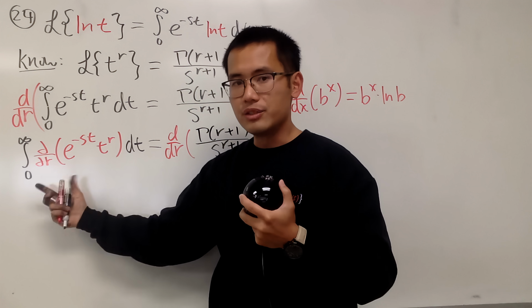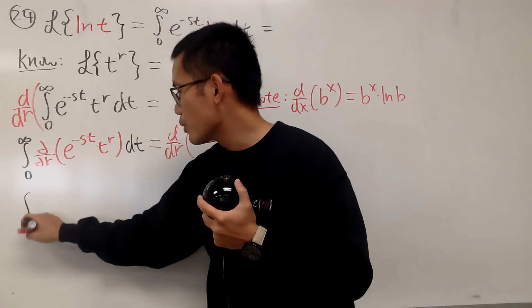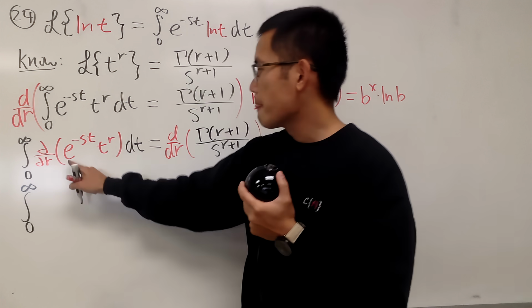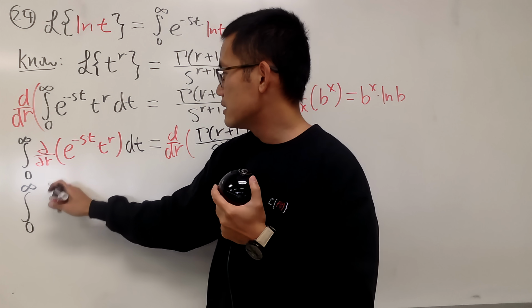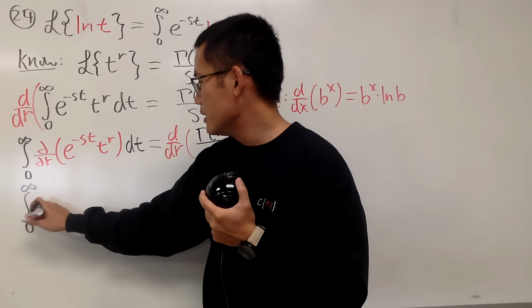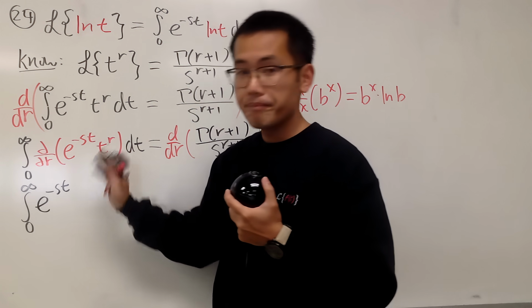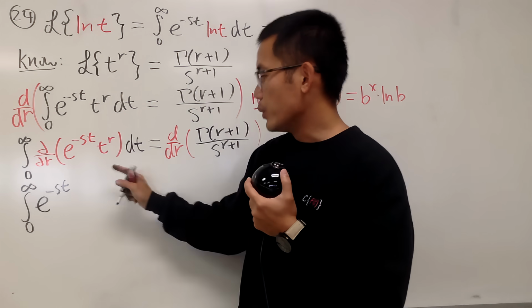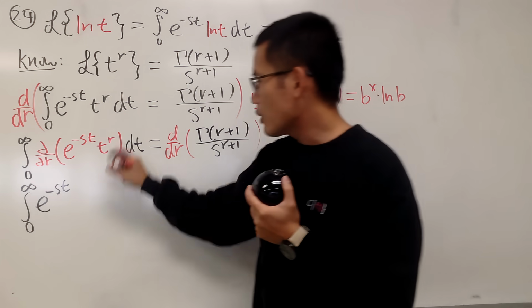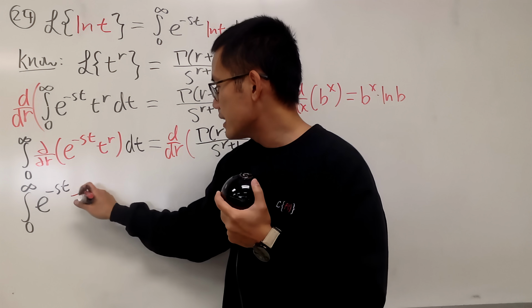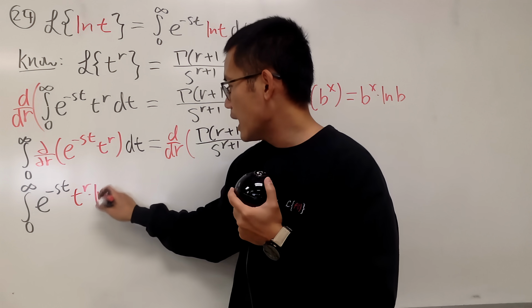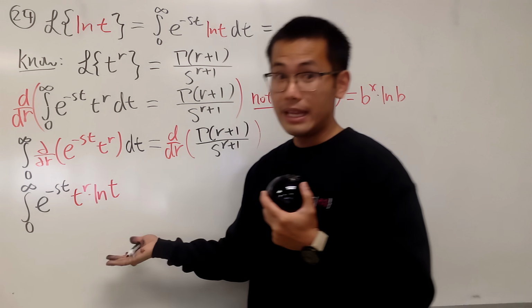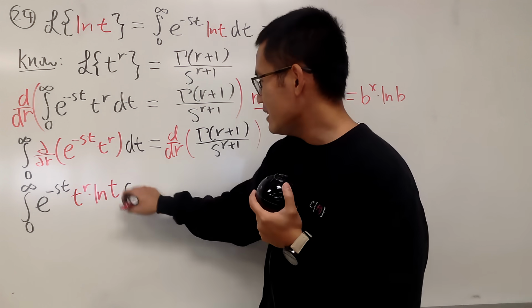This is just a constant, so it will stay. We will have the integral going from 0 to infinity. This is staying, so it's just e to the negative st. Then the derivative with respect to r of t to the r, we get t to the r times ln t, like that. And then we have the dt.